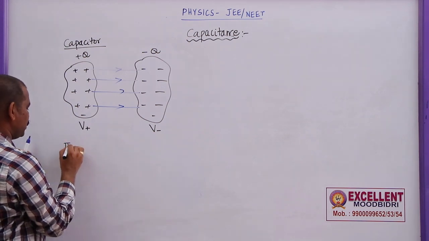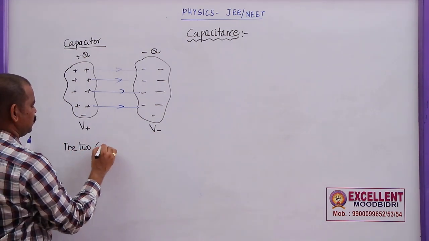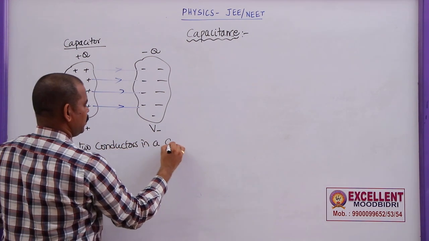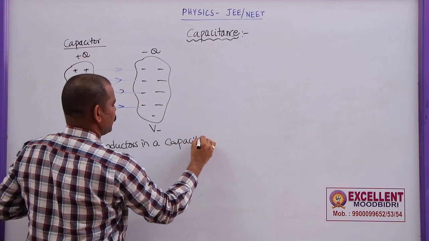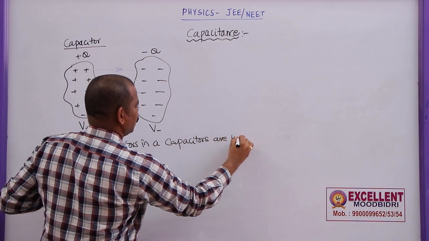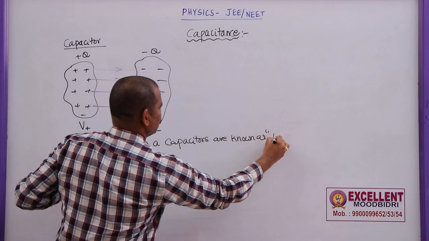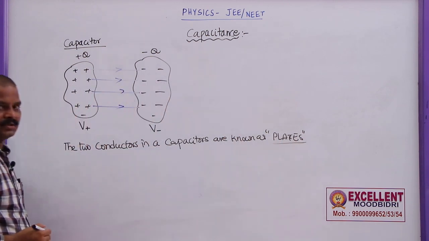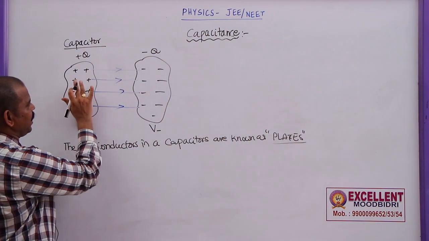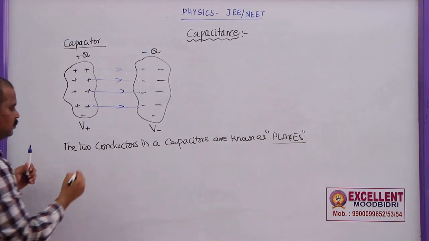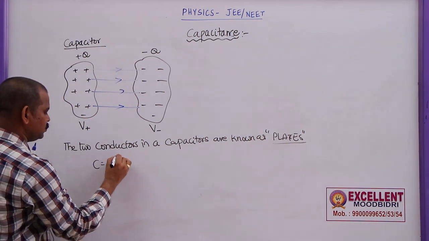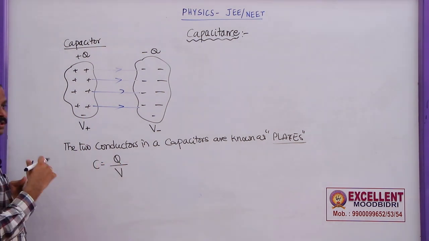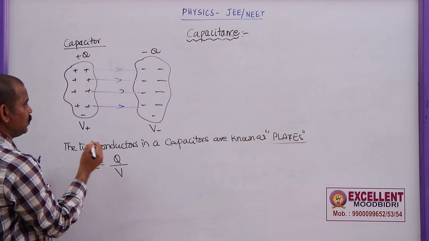The two conductors in a capacitor are known as plates. Now, how to find the capacitance of this capacitor? We know that capacitance is given by C is equal to Q by V. Here Q is the charge on any one of the plates, only the magnitude of the charge.